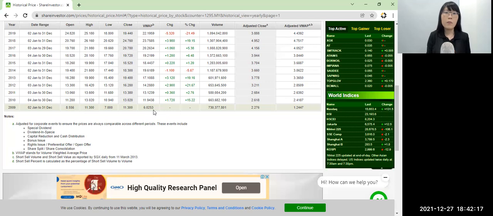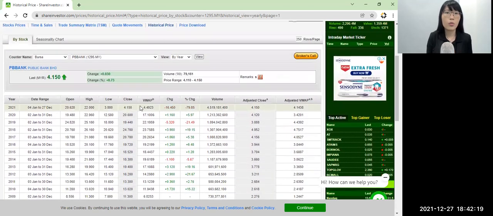Then when it comes to 2021, the volume weighted average price was 4 ringgit and 49 cents, and so on. So this is what ShareInvestor WebPro can give you.